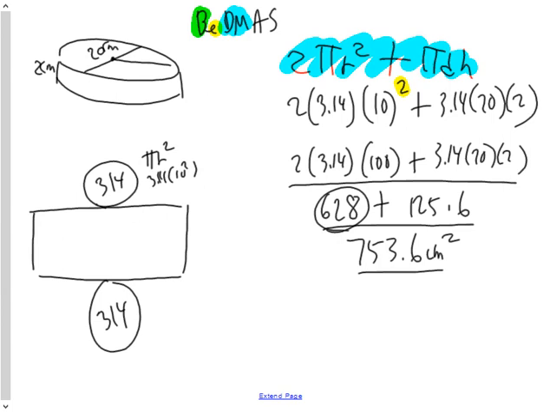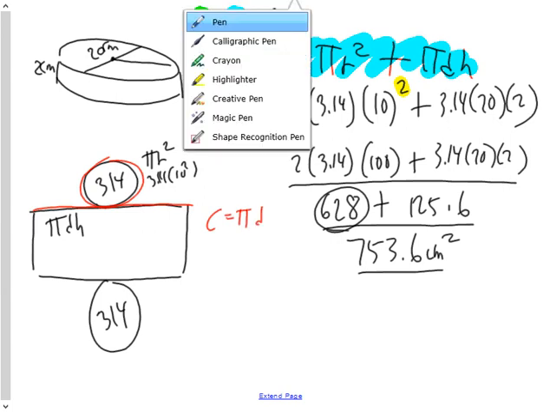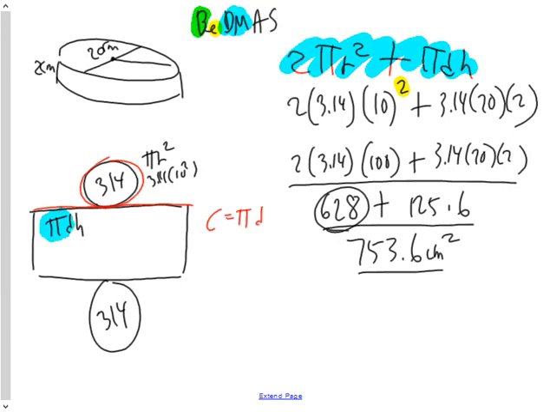And remember that the formula for this side here is pi dh, and the reason why it's pi dh is because this circumference and this length are the same thing. And since circumference is pi times diameter, that is why the pi d is a part of our formula. And this width right here is really the height of our cylinder.